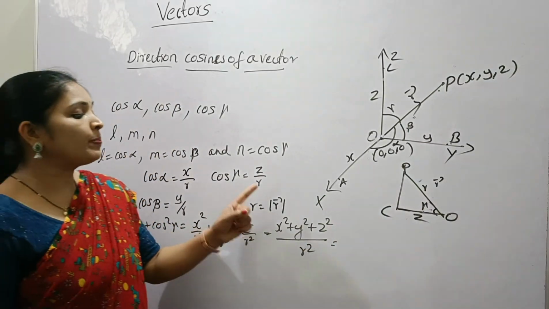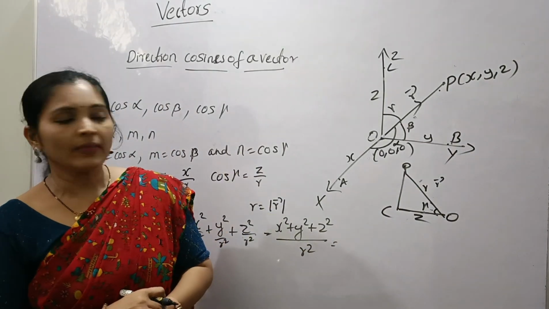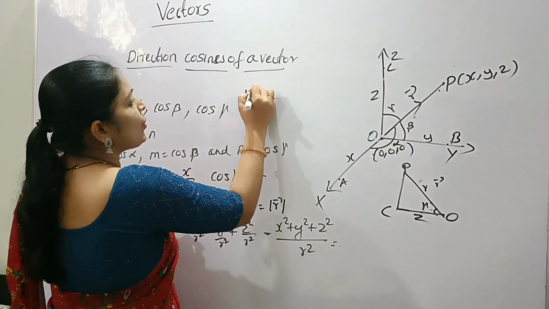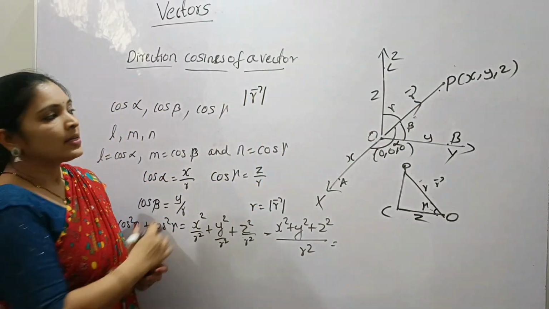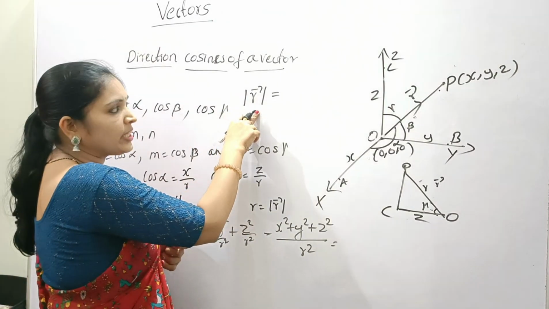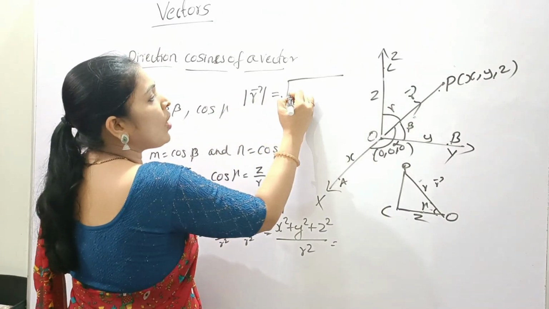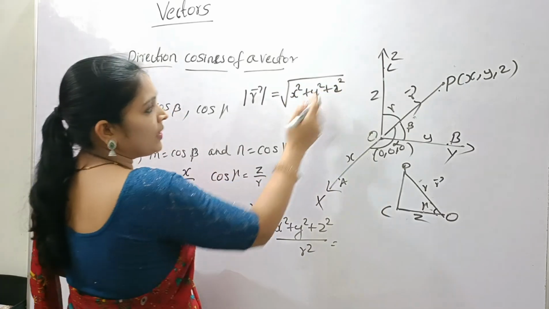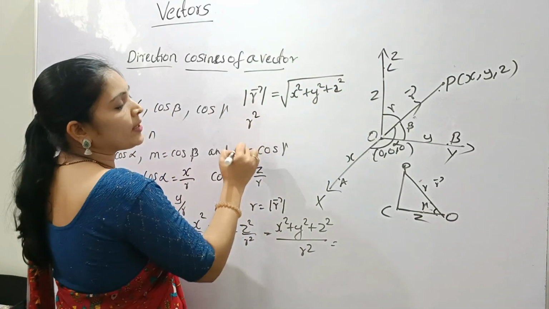What is x square plus y square plus z square? We know the magnitude of the vector r. Just before we found that modulus of vector r is equal to square root of x square plus y square plus z square. Squaring it gives r square, right?